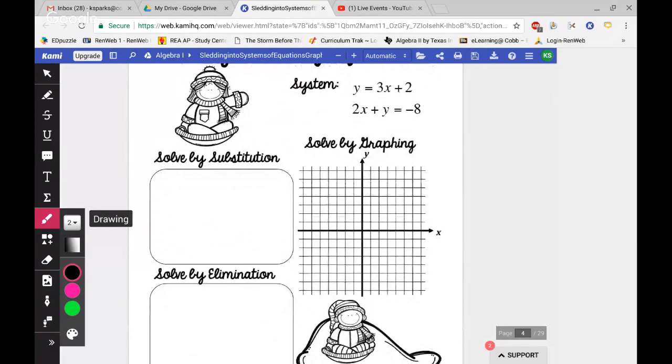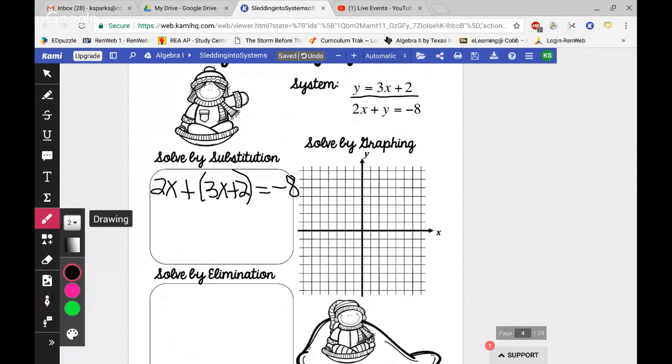So on this one, in substitution, I've got a y equals 3x plus 2. So wherever there's a y, I would plug in 3x plus 2 equals -8. Do you see that? Yes, ma'am. Okay. So now I'm going to combine like terms.